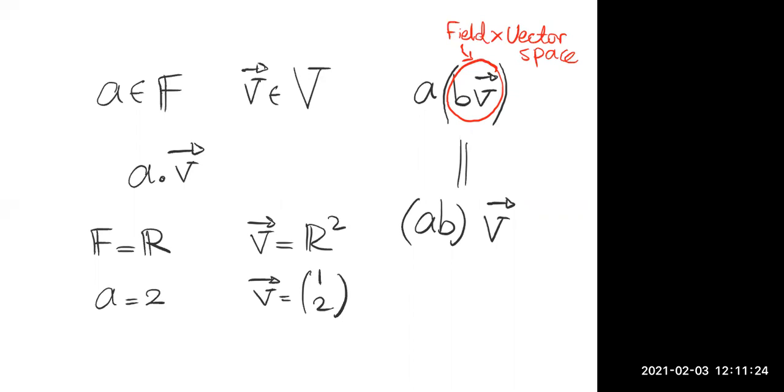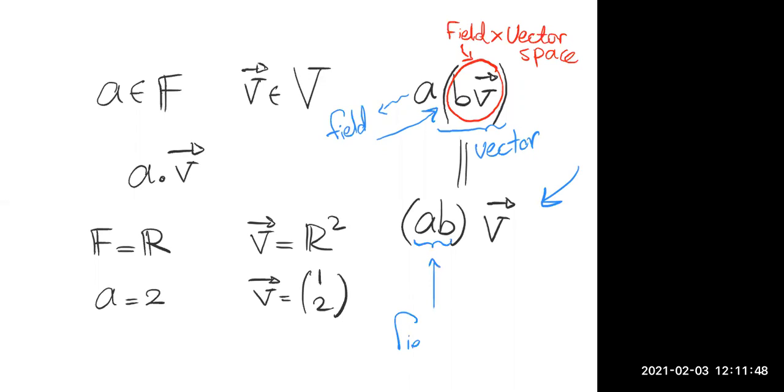So again, when I'm multiplying that result by a, it would be again multiplication of something which is in the field, a is in the field, and bv is a vector. So here, I never really multiply two elements in the field. Whereas in ab times v, this multiplication is a multiplication in the field.